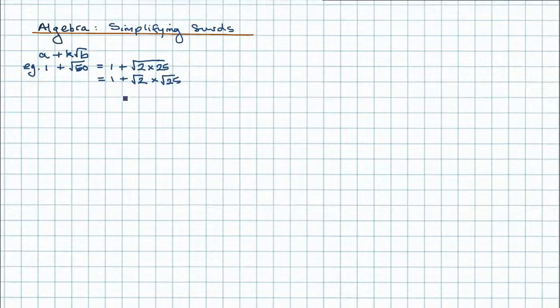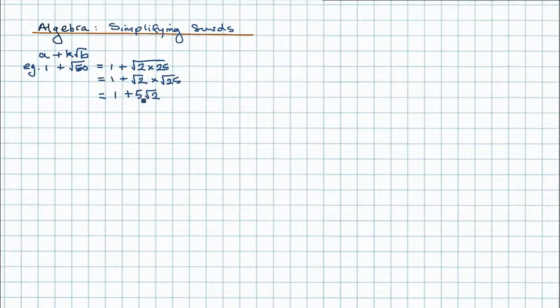And then of course root 25 is just 5, so we've now got 1 plus 5 times root 2, so 5 root 2. And this whole process, where we're splitting apart, recombining, and so on, is called simplification.